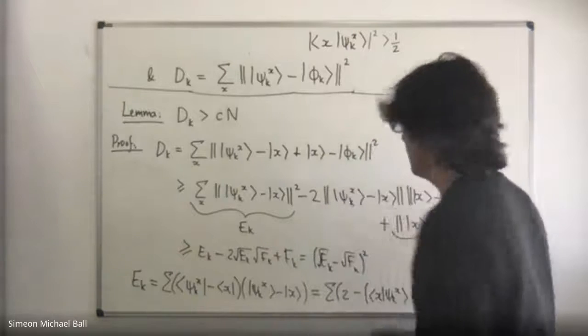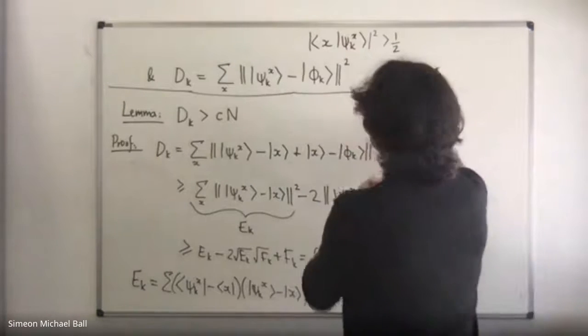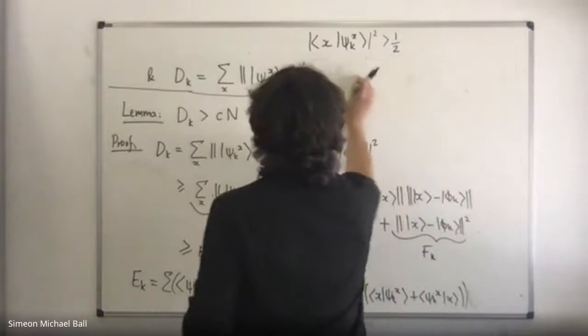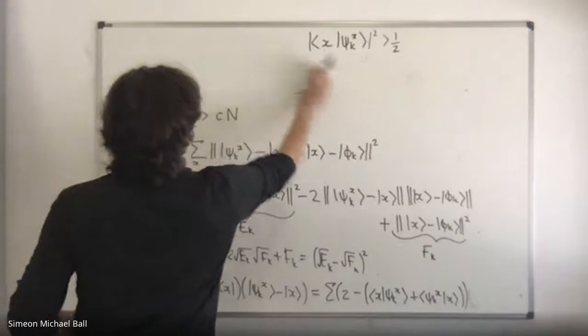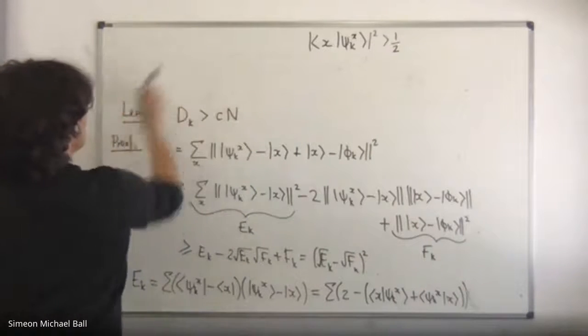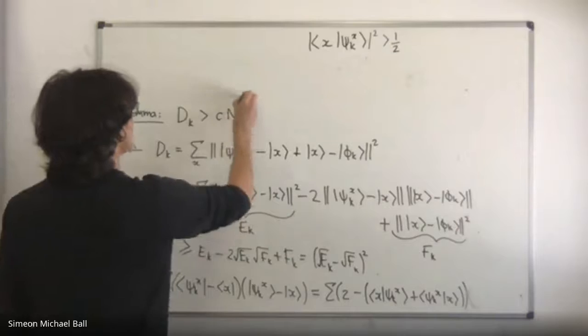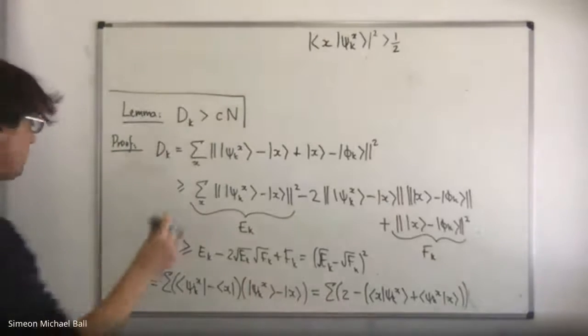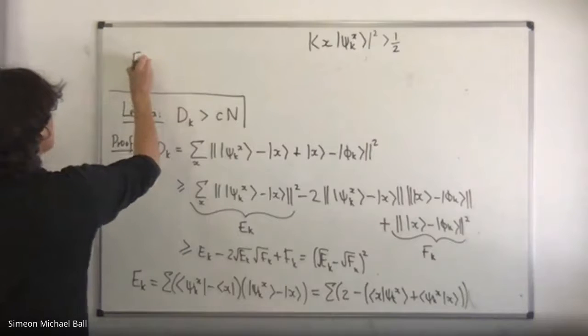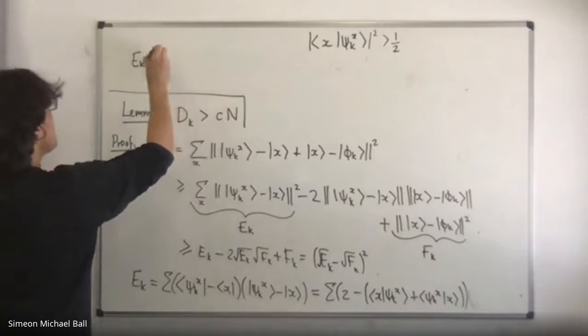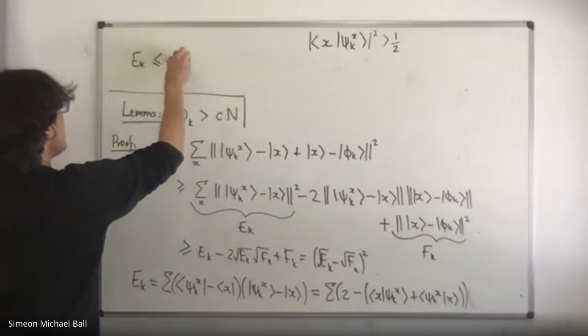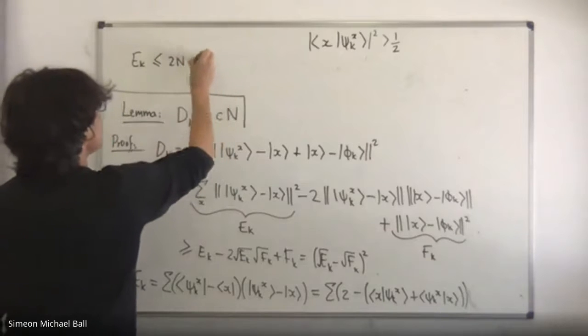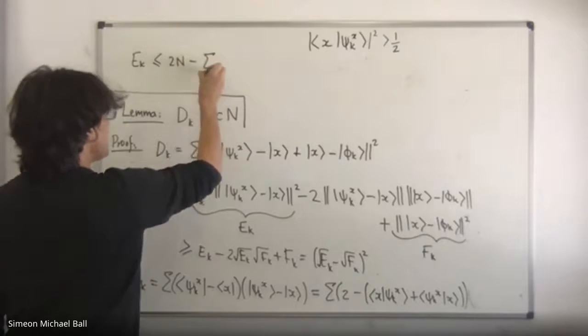As it is, this then gives EK is less than or equal to 2n minus the sum over x.